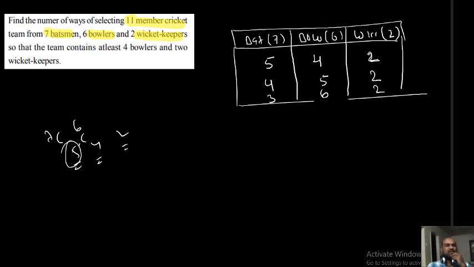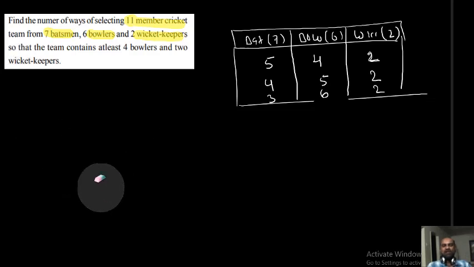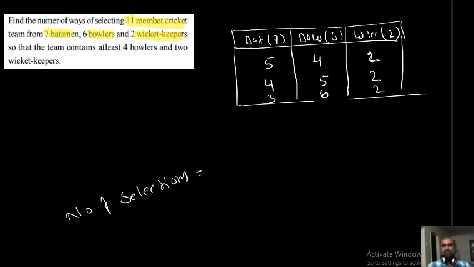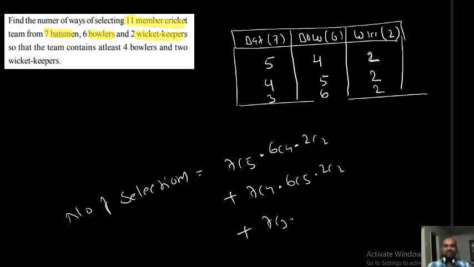The 2 wicket keepers can be selected in 2C2 ways. So the number of selections equals 7C5 into 6C4 into 2C2, one selection, plus 7C4 into 6C5 into 2C2, another selection, plus 7C3 into 6C6 into 2C2.